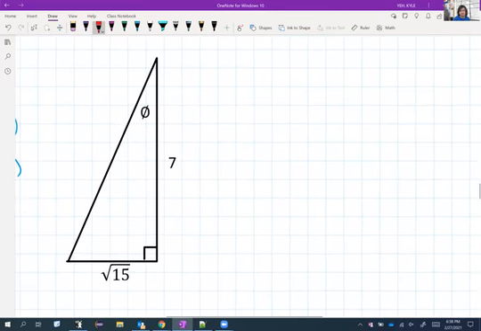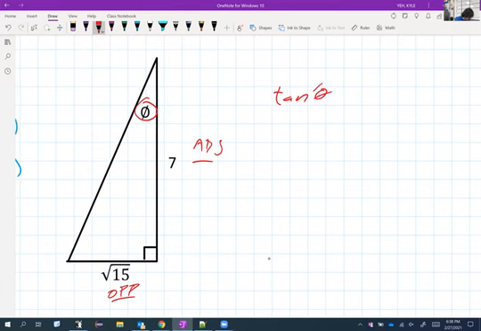What about this one? Yeah, there's a radical, who cares? Let's just do this one. We have angle theta. Looks like we're dealing with opposite and adjacent. So SOHCAHTOA, we know that tan theta equals opposite over adjacent.